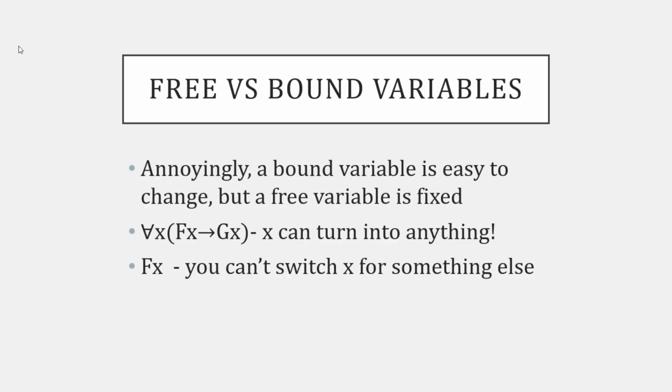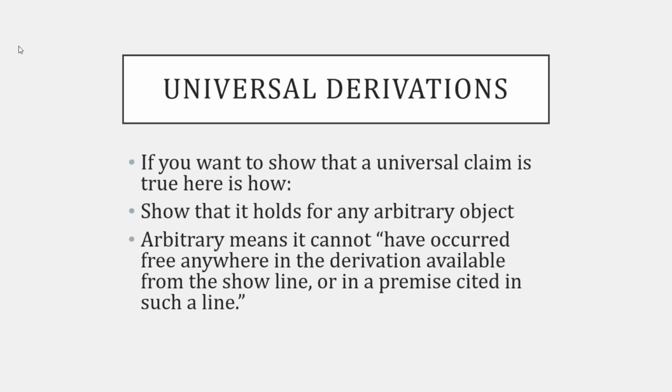So anyway, the thing to remember here is that this is why we have this rule about arbitrariness with universal derivation. We want to show that some property, some sentence holds for any arbitrary variable. That means we need to use a fresh variable, because if it has appeared free in a previous line, then we have information about it, right?